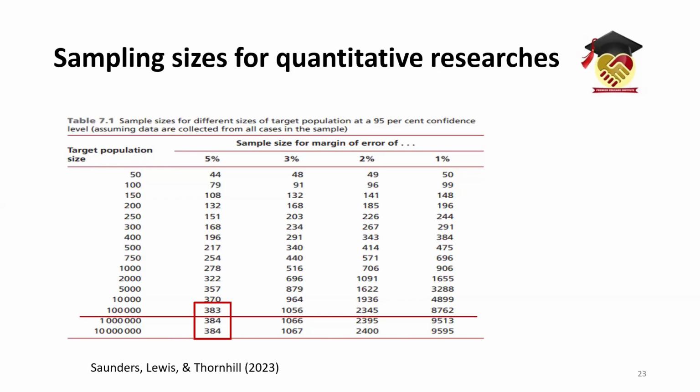But the minimum is 384. If the population is about 100,000, then it should be a minimum of 384, especially for doctoral students, MPhil, PhD, DBA. Others, you can talk to your supervisor, right? But you should know why. Okay, right. So remember that point, that it depends on your response rate.